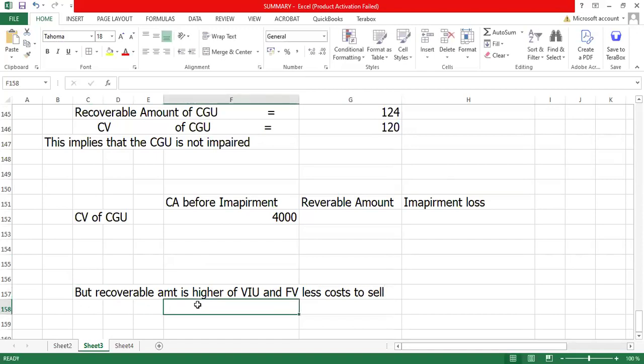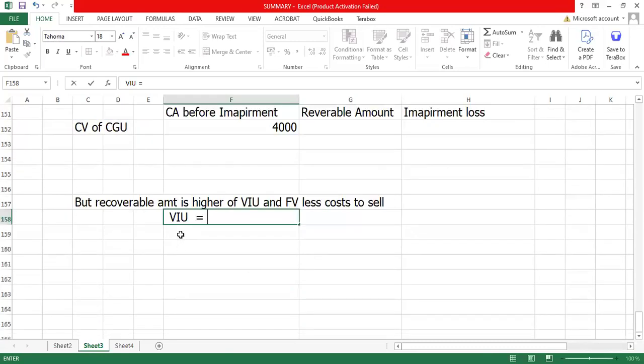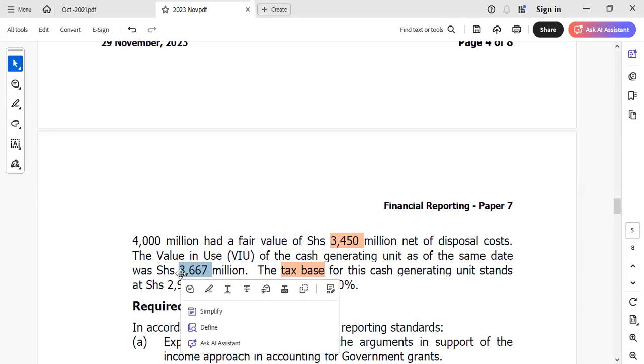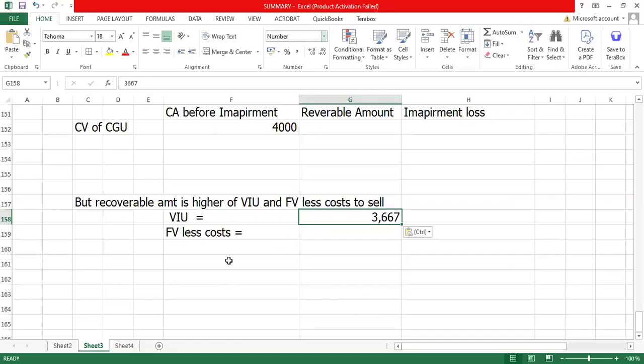So what is value in use? Value in use is given from the question. Then the fair value less cost to sell is also given. We have everything. It's not a must to give you cost to sell.